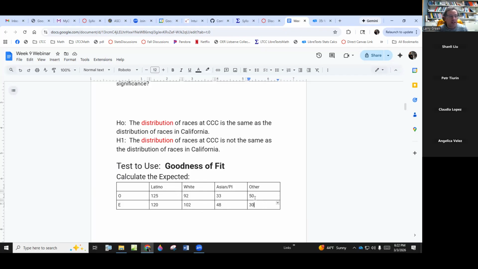Okay. So that's kind of what that is. And that probability, or at least getting at least that different, that's the p-value. Which we've done for a couple weeks now. P-value is very important.